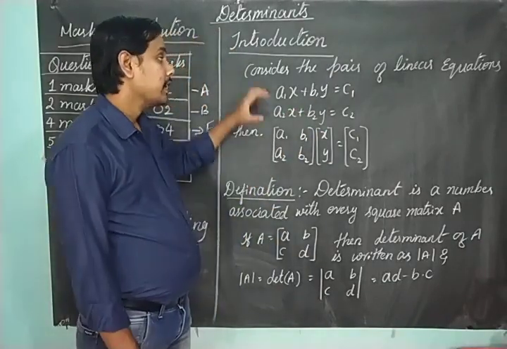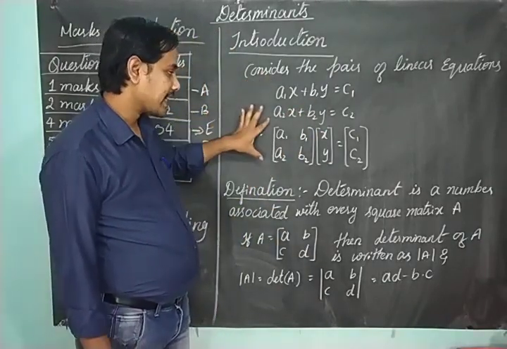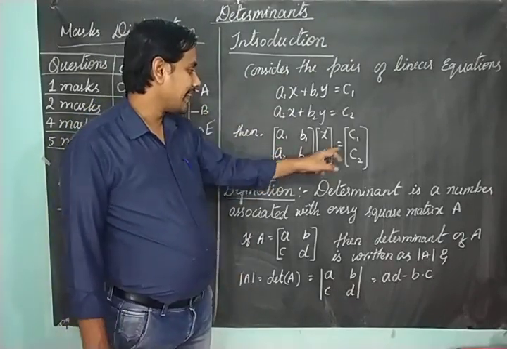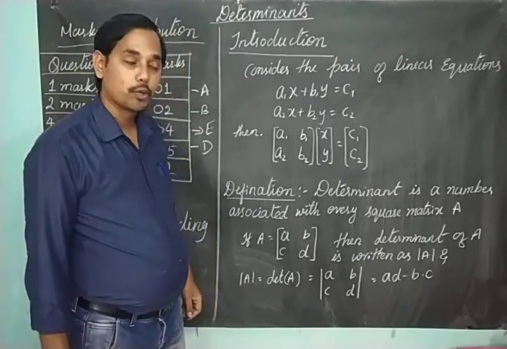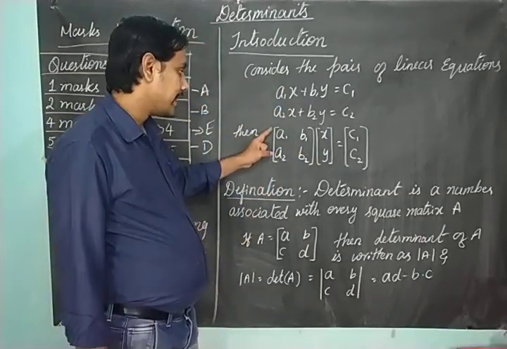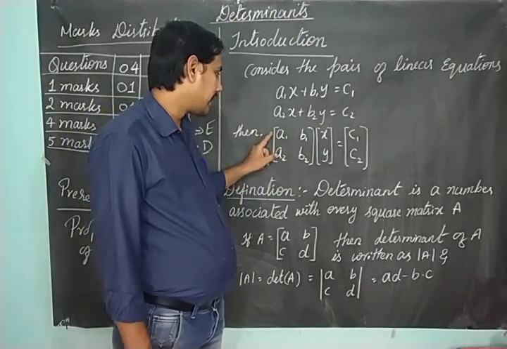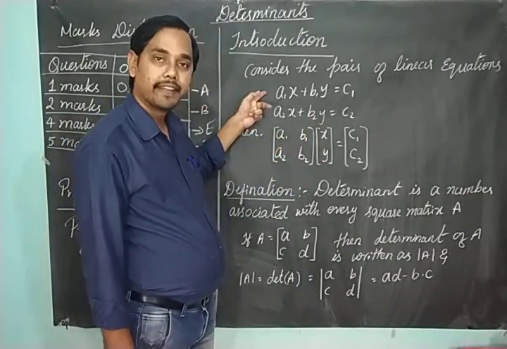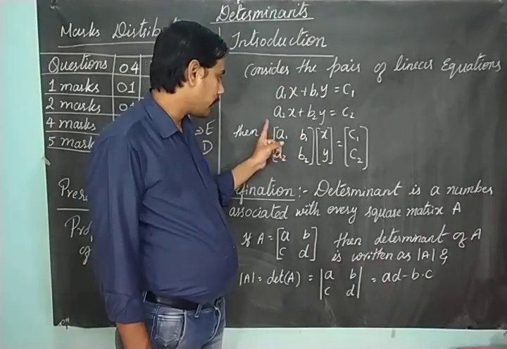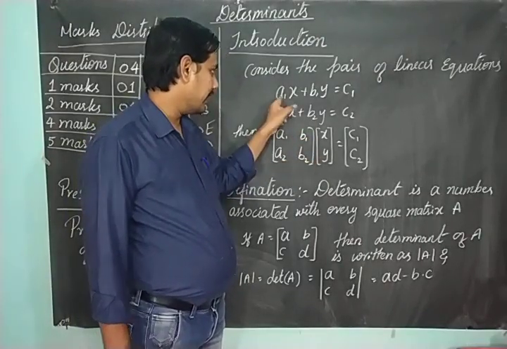These 2 equations we can express in the form of a matrix: [a1 b1; a2 b2] times [x; y] is equal to [c1; c2]. If you multiply, once again you get the same equations. First row with first column gives a1 into x, then b1 into y, so first row first column gives a1x plus b1y.